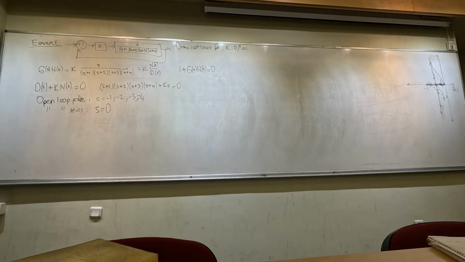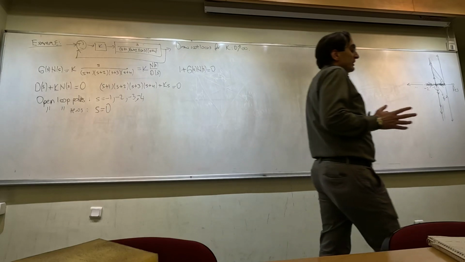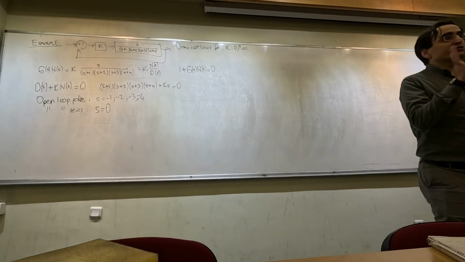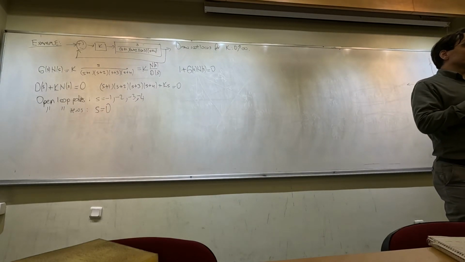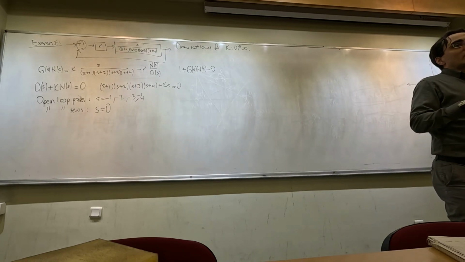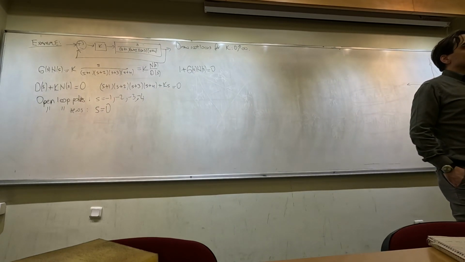Okay? So now, when we learn about drawing a root locus, we're going to learn some rules. The first 4 rules are the most important rules, and when you learn about them, you're going to be able to draw any root locus that you like, okay, for an arbitrary number of open loop poles and zeros.